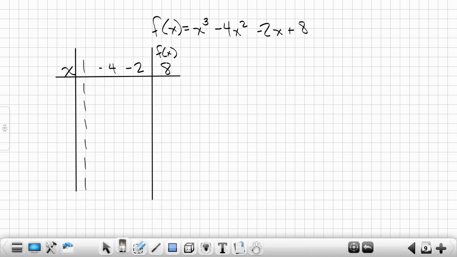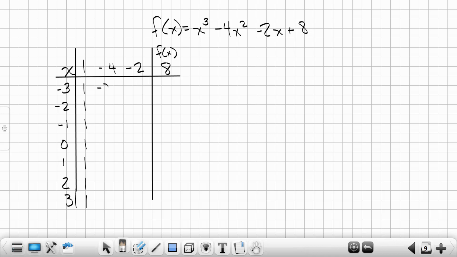So now let's go ahead and pick some values. Up to how many zeros could this function have? 3. Same as its power. Now it all depends on your skill at synthetic division.